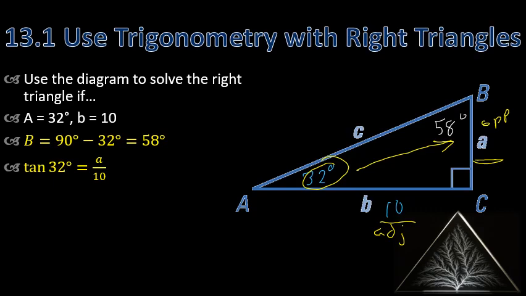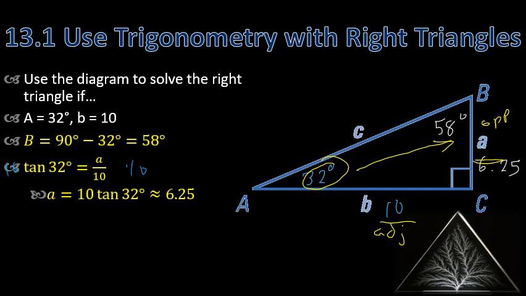Now if I multiply both sides by 10, I'll have A by itself. A is 10 times the tangent of 32 degrees, which is about 6.25. Now, I want these exact if possible.